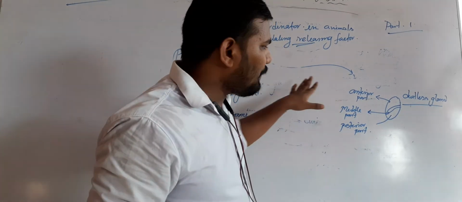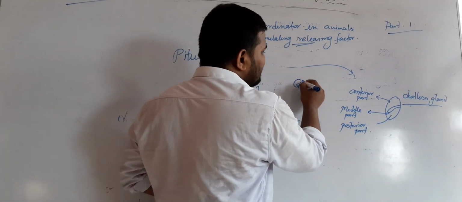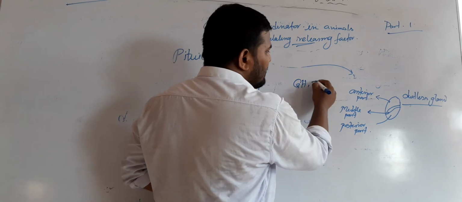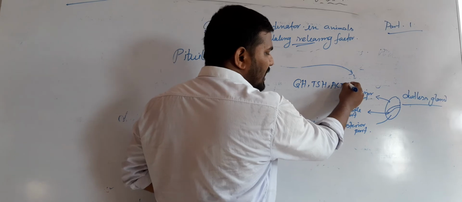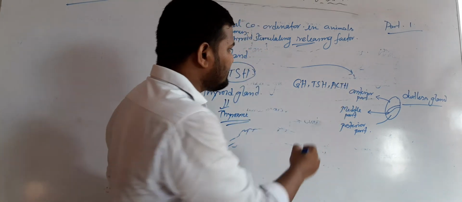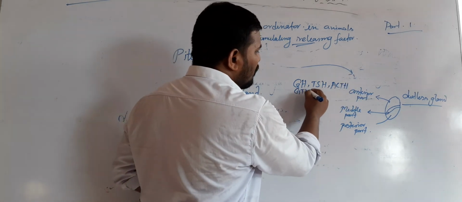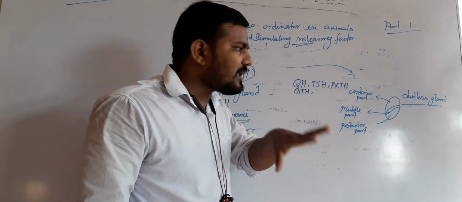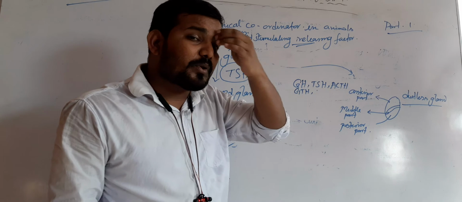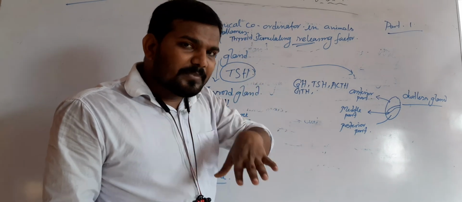From the anterior part, the pituitary can secrete GH, growth hormone, TSH, thyroid stimulating hormone, ACTH, adrenocorticotropic hormone, GTH, gonadotropic hormone, and prolactin.